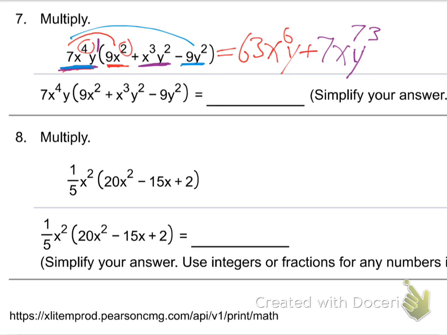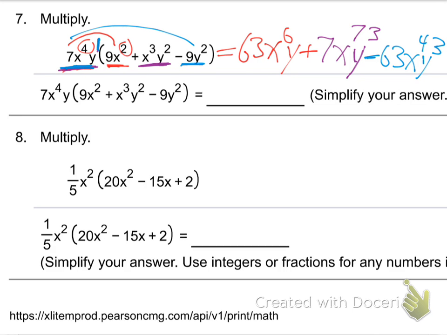Last one. Now it goes to the third one. So 7x to the 4th y to the 1 times minus 9y squared. 7 times 9? 63. And it's negative. Negative 63. X to the 4th, y, invisible 1 and 2, 3.